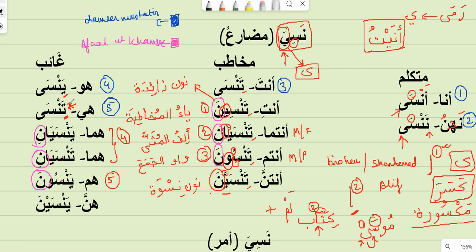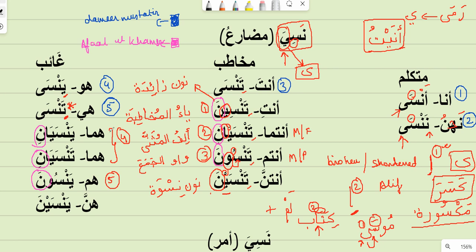And when this verb is used for ghayab feminine singular, you will see the name of a feminine girl, so that you can recognize that this is used for the feminine ghayab. You can make out from the words before or after the verbs that it's coming for the ghayab feminine.